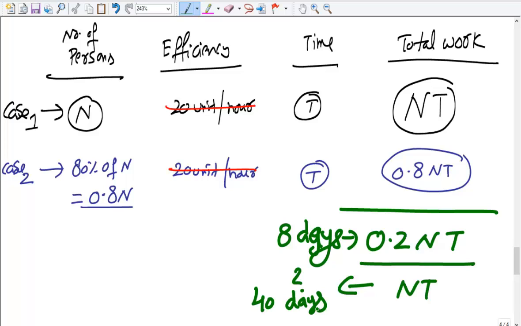However, the time to finish the remaining work by this particular group is also the same as that of the entire people present to finish the total work, that is t. So they finish 0.8 nt, that is the remaining work. Now, already finished work is 0.2 nt, that is 20% of the total work, which is finished by all the group present in 8 days. So when all the group of persons are present, they'll take 40 days to finish the work. That's what we calculated. Let's read the questions.